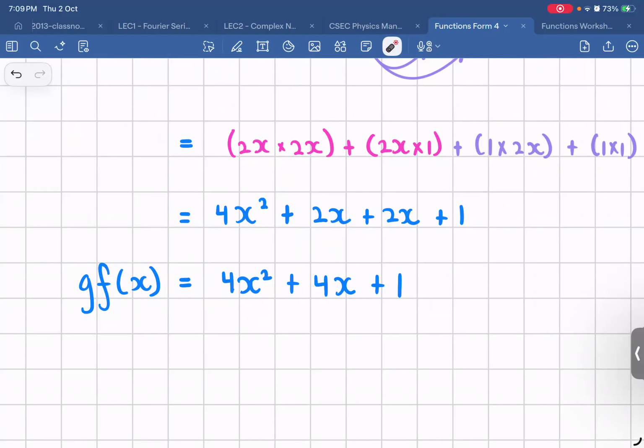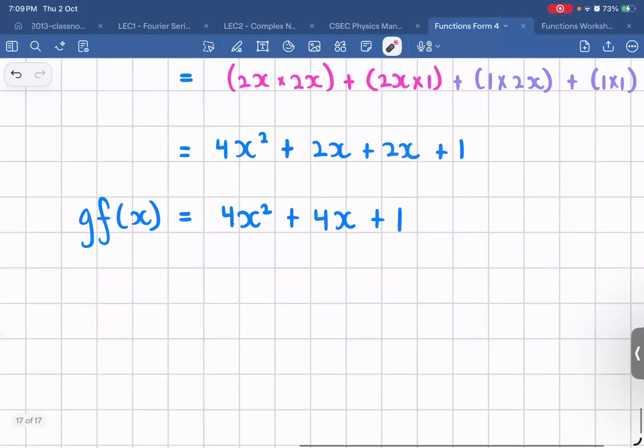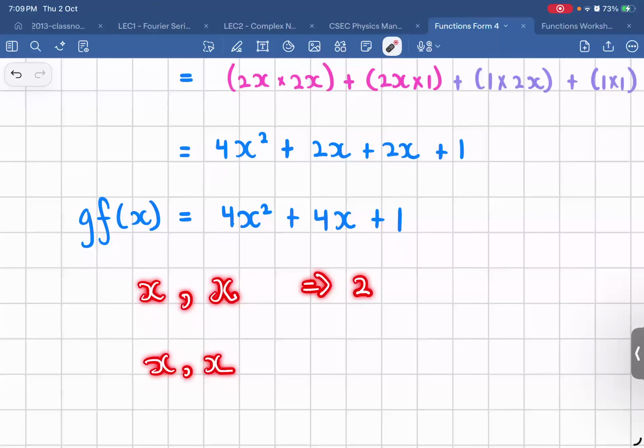Kishaba, you're the one that's talking. Who's talking right now? On my iPad, I can't see anybody, right? Okay. So Kishaba, I'm gonna make it real simple. How much x's you have here? Sir, 2. Right, you have 2. How much x's you have here? Sir, 2. Okay.